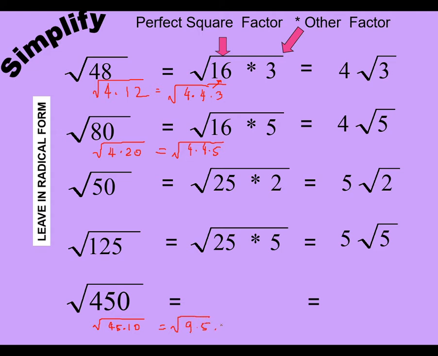And si 10 is 5 times 2. Ayan. So, pag pinagsama natin si 5, so meron tayong dalawa. 9 tapos 25. Diba? Times 2. So, meron tayong dalawang perfect square root. So, that means, meron tayong perfect square root na pag pinagsama is 225.